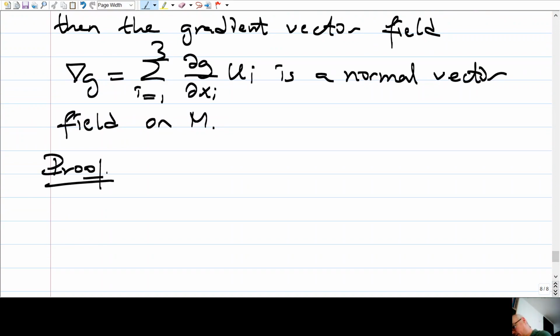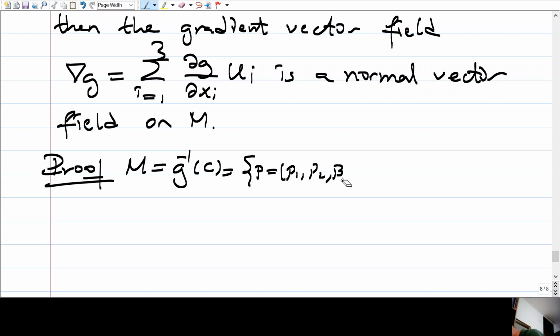Suppose our surface M is a level surface of some function. So this is just g inverse of c. In other words, it consists of points P = (p1, p2, p3) in R3 such that g of P is equal to c.